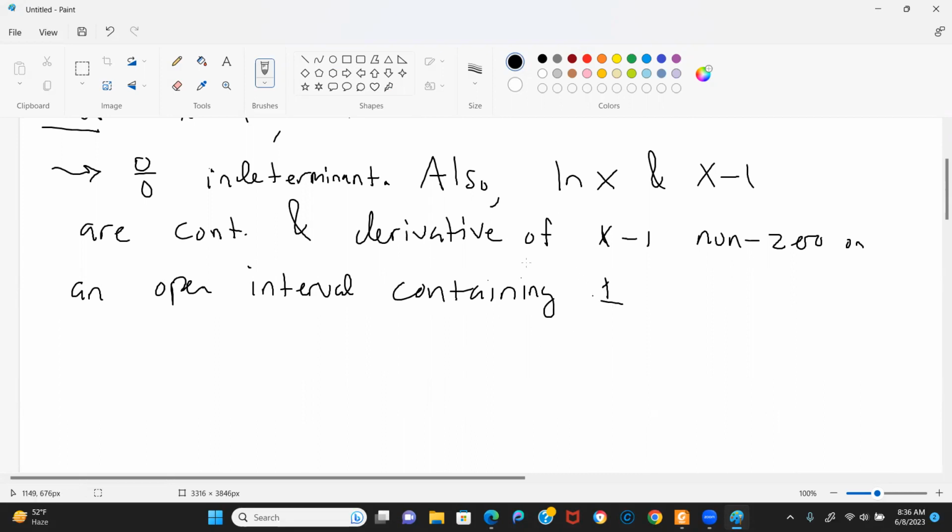And that was the other part. You need that these are not just continuous, but actually differentiable. And they are, so there's no problem there. So these are differentiable.